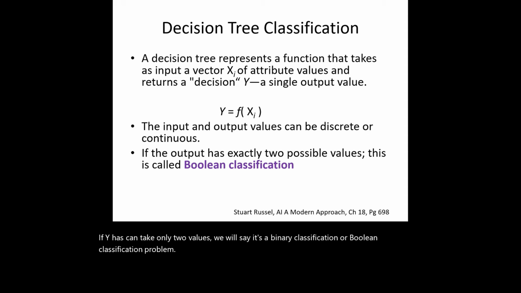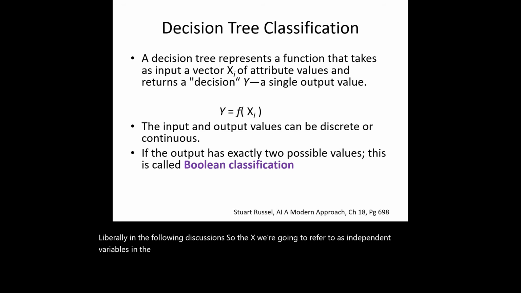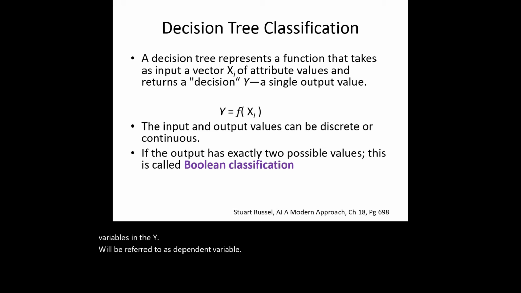Here, I'm going to throw in a few new words that we are going to use liberally in the following discussions. So the X we are going to refer to as independent variables, and the Y will be referred to as dependent variable. The labels are synonymous to dependent variable, and attributes, the set of attributes, are the independent variables.